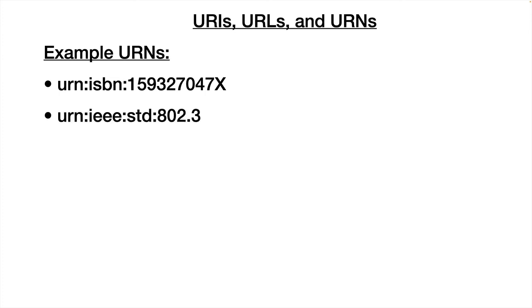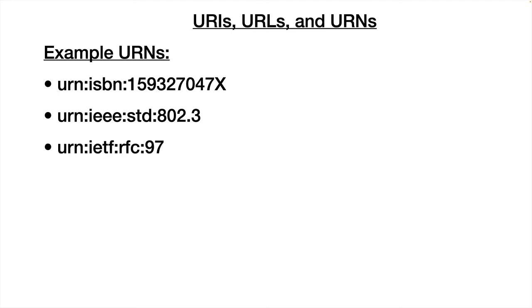There's also a formal identifier called IEEE, which refers to resources of the IEEE, which is the Institute of Electrical and Electronics Engineers. The sub-ID is standard, so this is a standard that IEEE published, and the specific standard is 802.3, which is Ethernet.